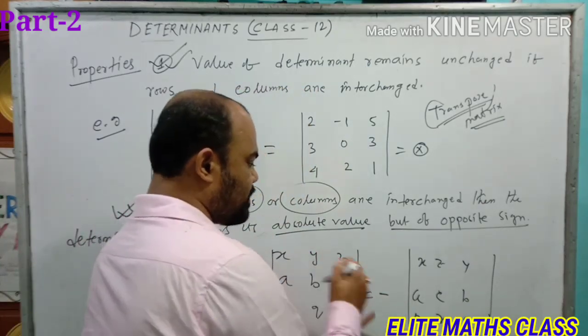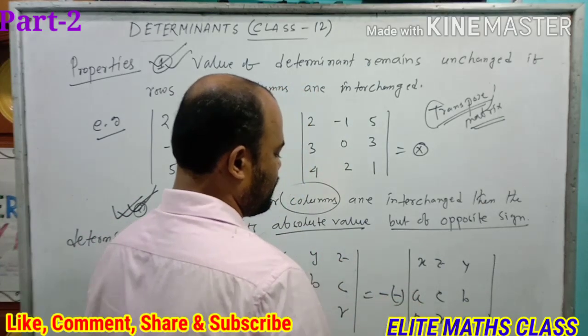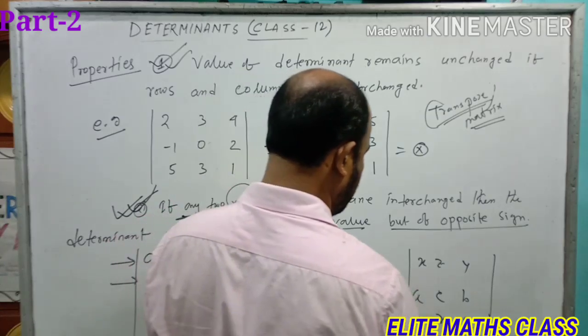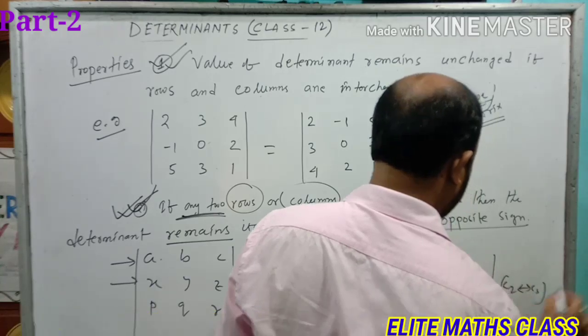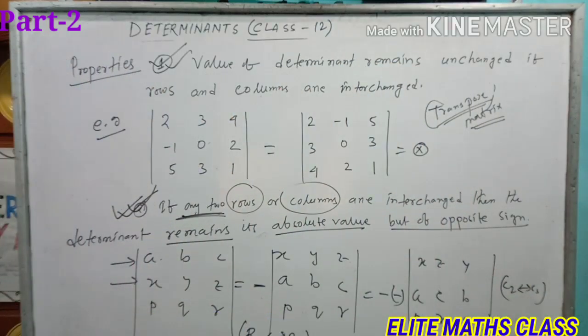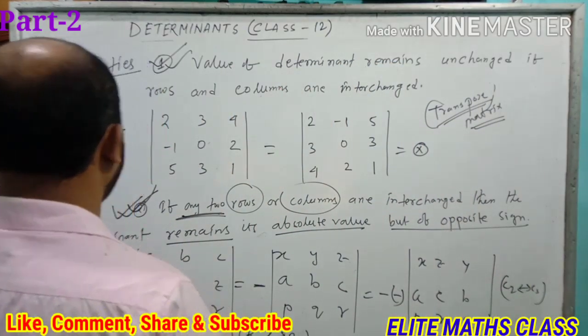Due to this interchange, another minus sign will be there, so it will be plus, minus, minus. Here the operation done is C2 and C3 are interchanged. Clear?